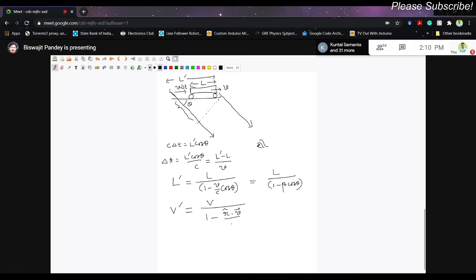So the actual volume and the volume observed by the observer differ by a factor of this 1 minus r cap dot beta, and this is a purely geometric effect that you should remember.